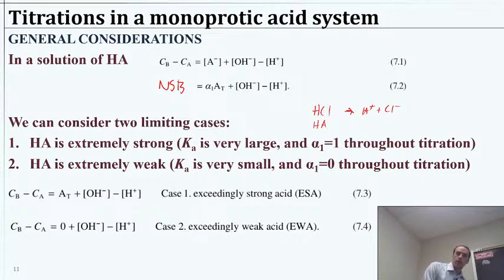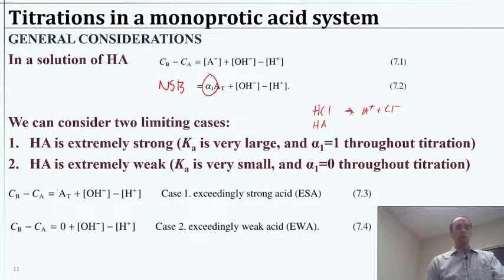All right, under that condition, we can write our net strong base equation as Cb minus Ca is equal to A total plus OH minus minus H plus. The reason we can say that is because we assumed that alpha is approximately 1.